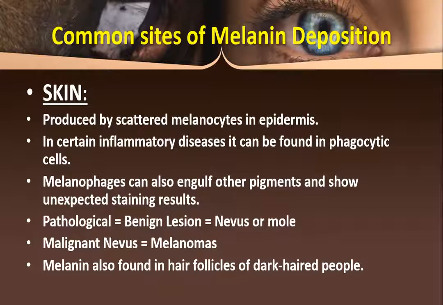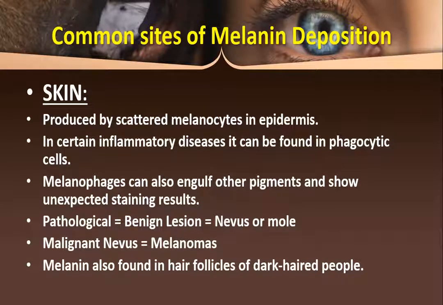Now this was the normal accumulation of melanin, but melanin accumulation can be observed pathologically as well in our body, in diseases. When we say pathological accumulation, you should be aware that this is actually disease related or any abnormal accumulation. So in case of benign lesions, nevus or mole formation is actually a benign lesion in which melanin accumulation can be observed. On the other hand, malignant nevi are known as melanomas, which show accumulated melanin.